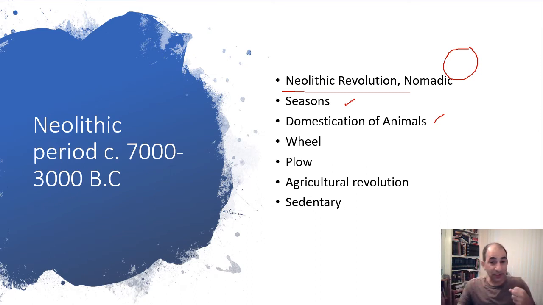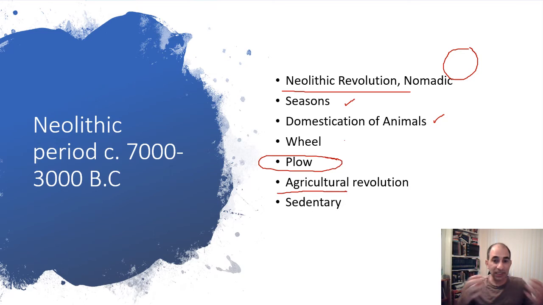And if I could domesticate an animal and create a wheel, combined, I could build things like a plow. So we have seasons, domestication of animals, and the wheel. Those are the 3 major points. Plow maybe fourth, but then the big thing is, what does all this allow? Why is this important? The reason is it allows for agriculture, the agricultural revolution.